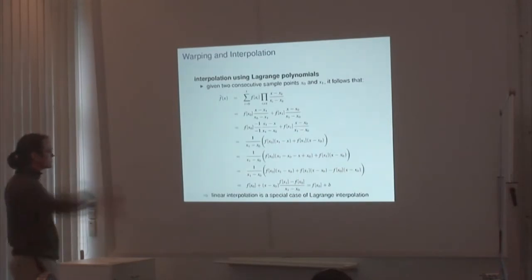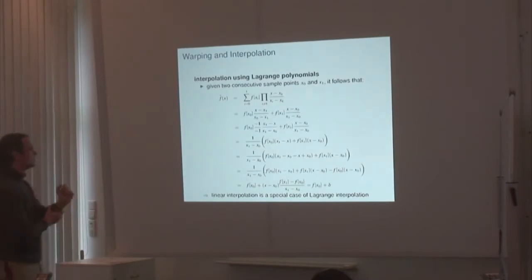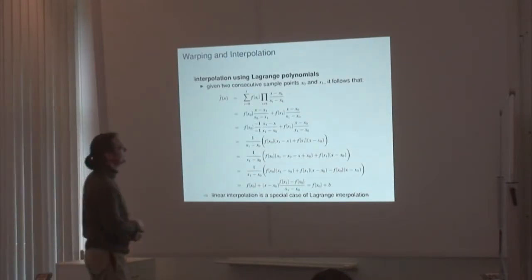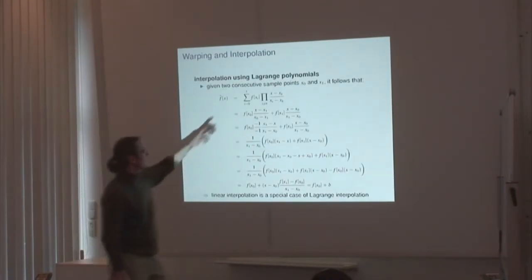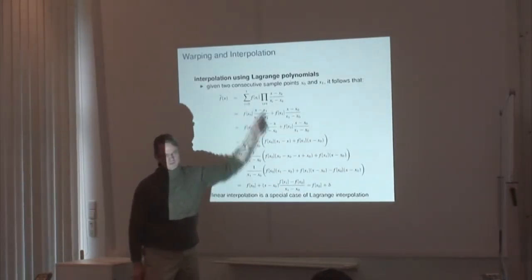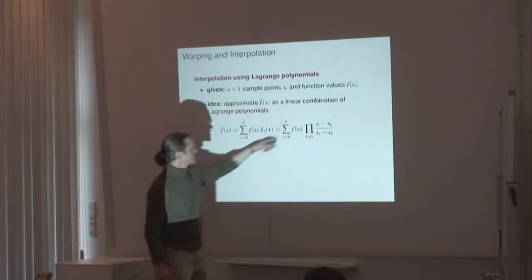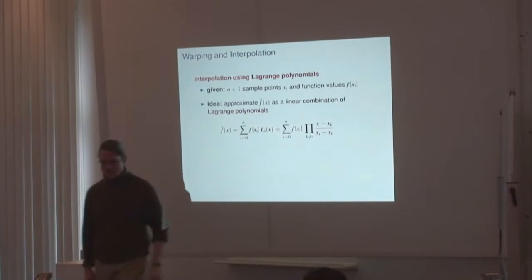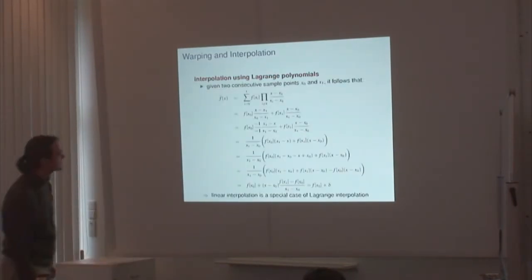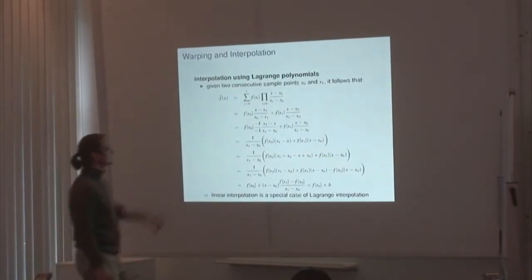And just for the fun of it, this is not really important, what if we were to do this for only 2 points, say x0 and x1? We can expand this sum here, which normally sums over very many sample points. Now we only do that for 2 sample points, so we go from 0 to 1 only. We have this product over these quotients here.